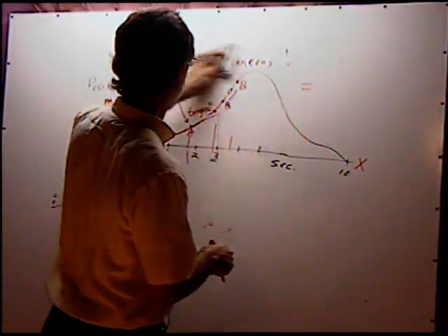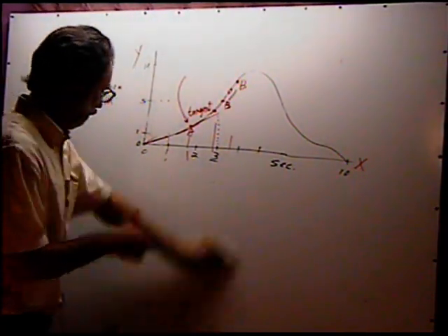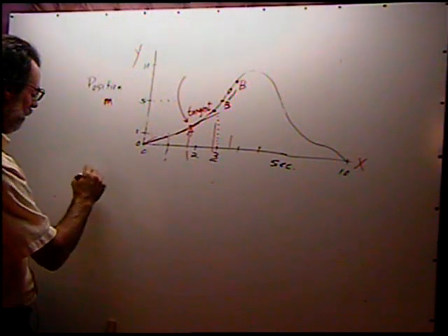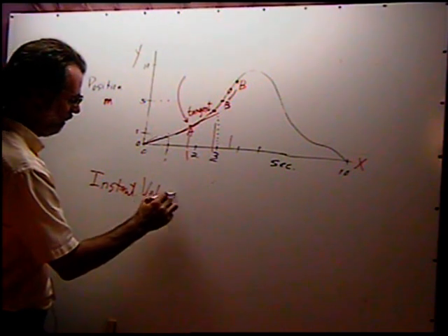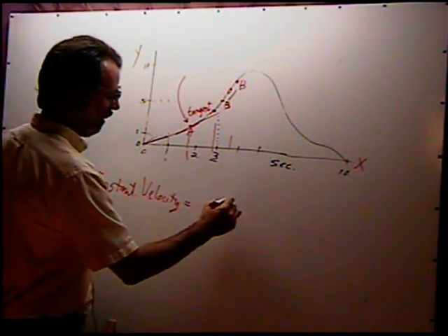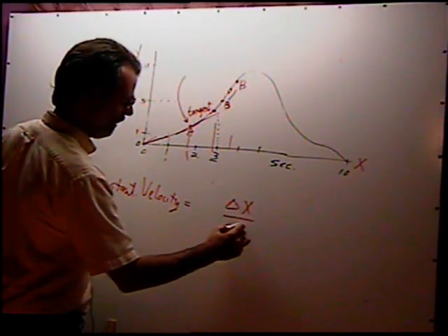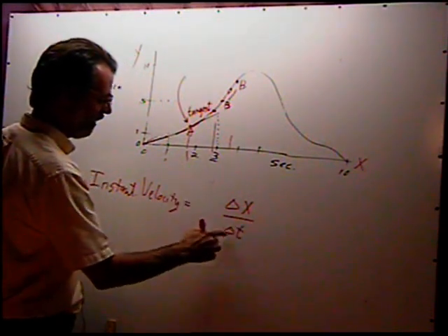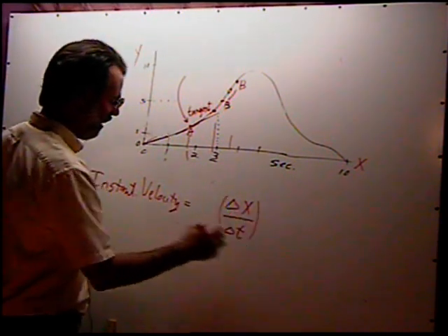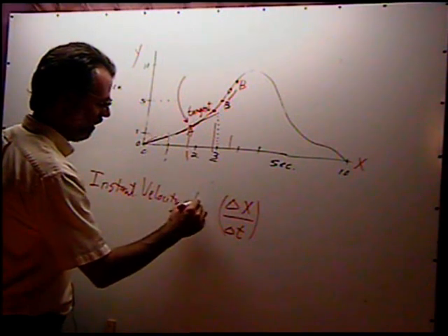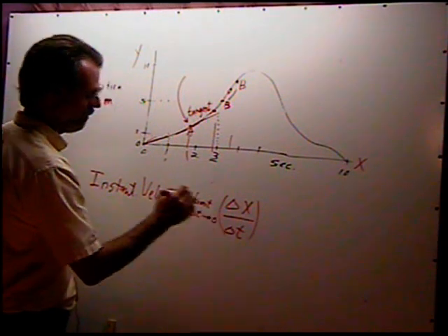What we say is that the instantaneous velocity is delta x over delta t, but we're going to force delta t to get really, really small. The instantaneous velocity is this ratio, as we say, in the limit as delta t approaches 0.